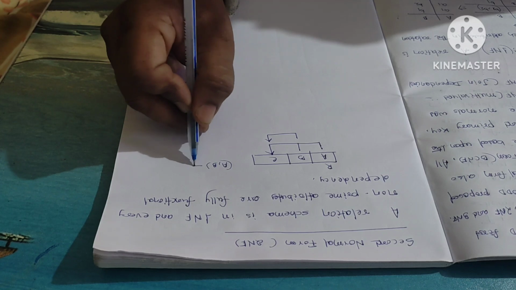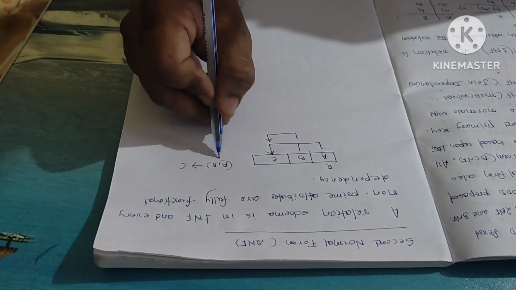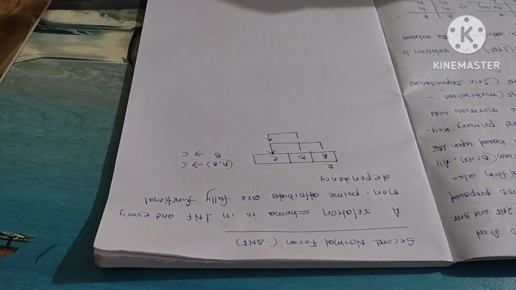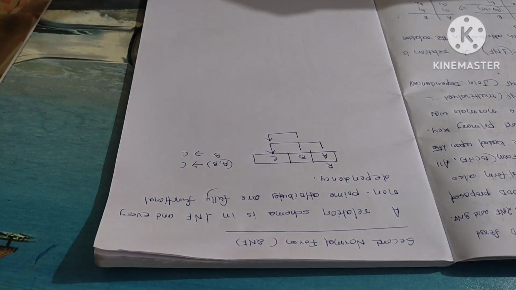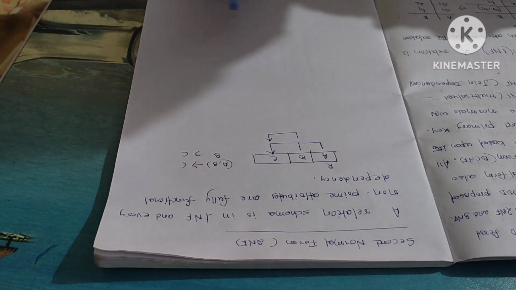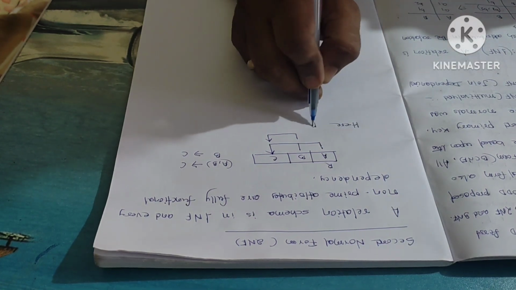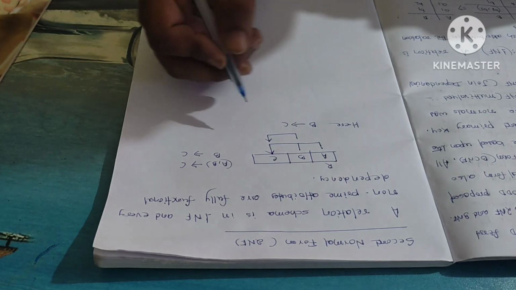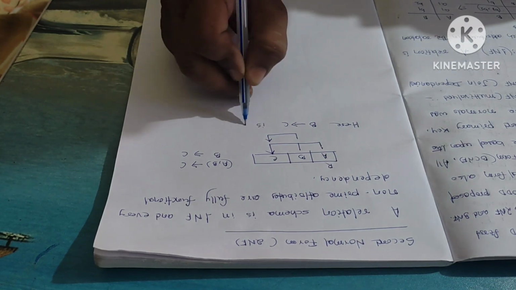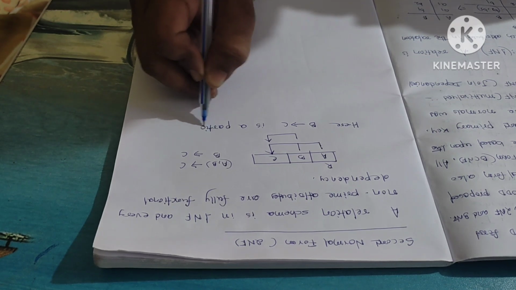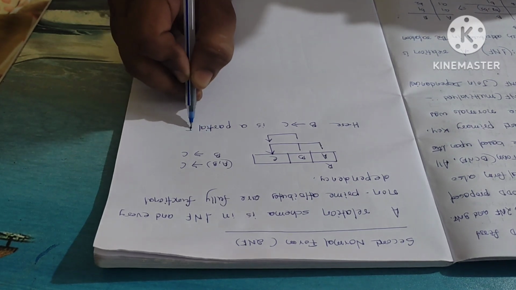A, B both tend to C, and B tends to C. Here B tends to C is a partial FD.